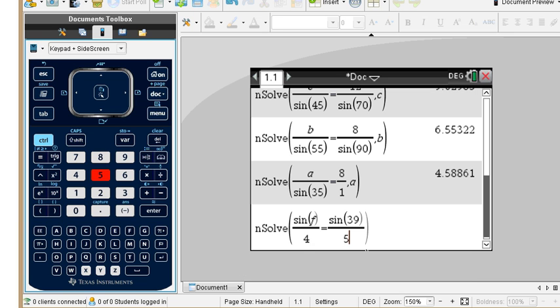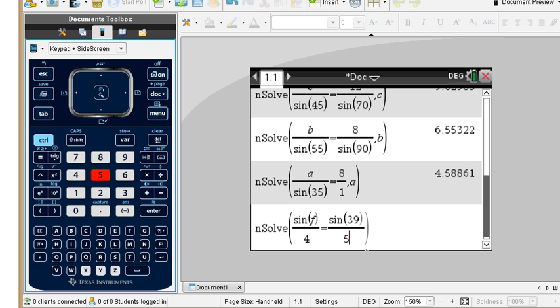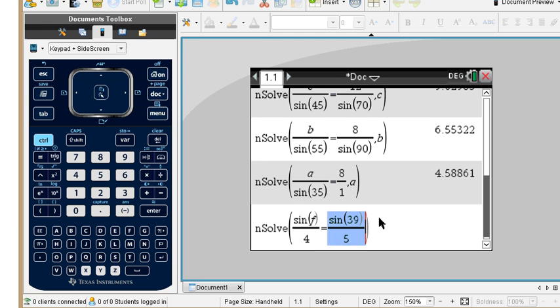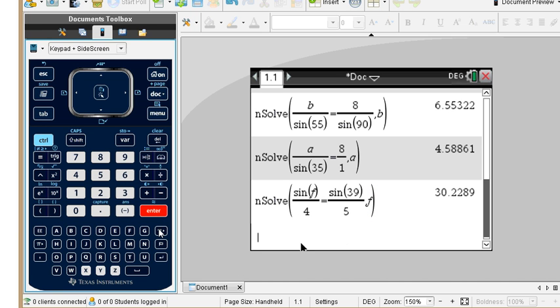I'm just going to check to be sure here. 4, 3, 9, 5. Yeah, looks good. Okay, and we go to comma F. And is that a comma there? I hope so. Okay, we get 30.23, we'll say, degrees.